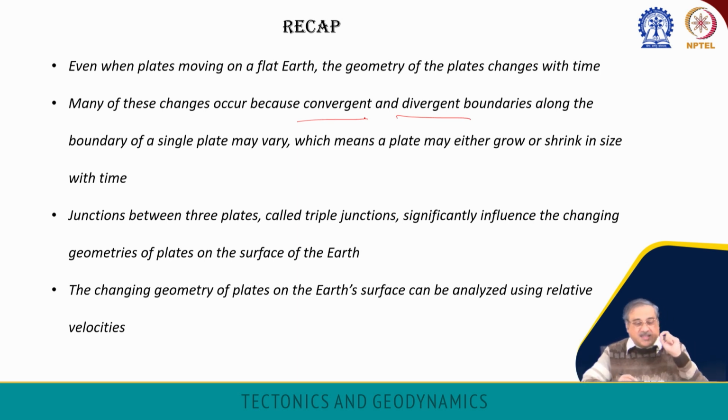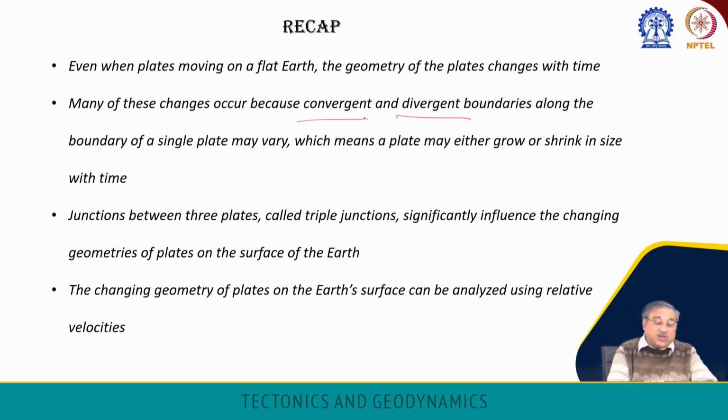This accounts for the change that happens all the time when we are looking at plates moving on the surface of the Earth, and that's why the geometry of plates as they exist today varies very starkly with what existed in the past, and in fact will vary very starkly with what will exist in the future.